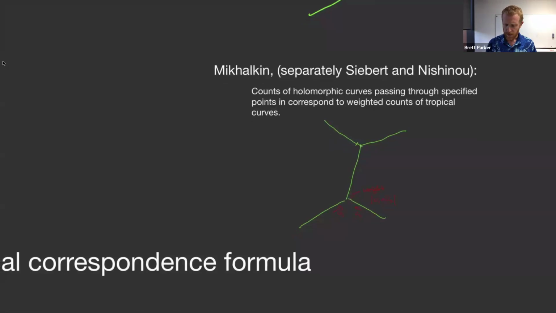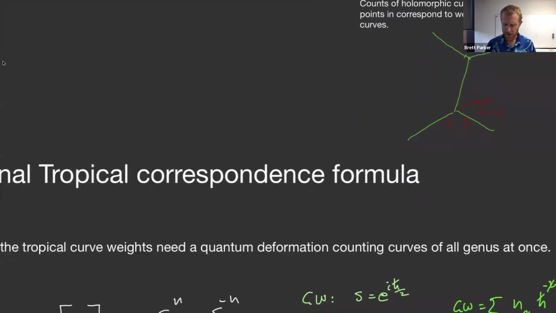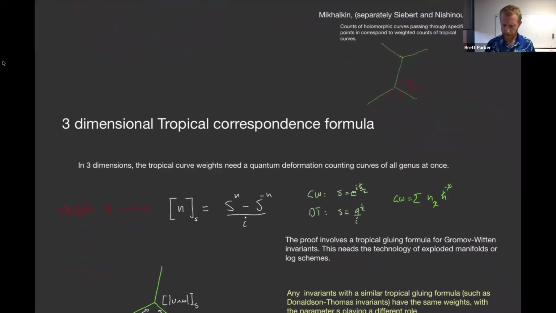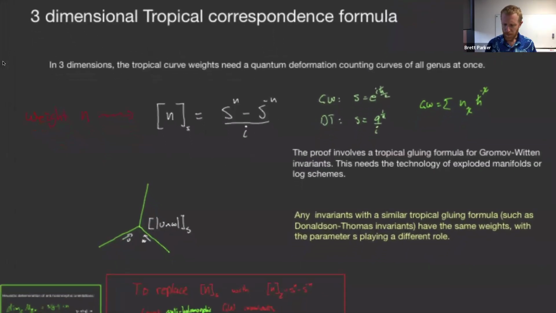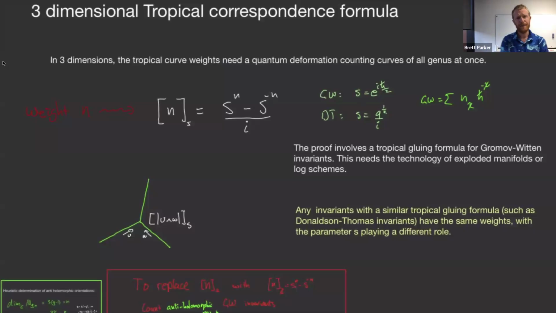Okay, so what is different in dimension 3 is that there's a formula that tells you the virtual dimension of the moduli space of holomorphic curves.